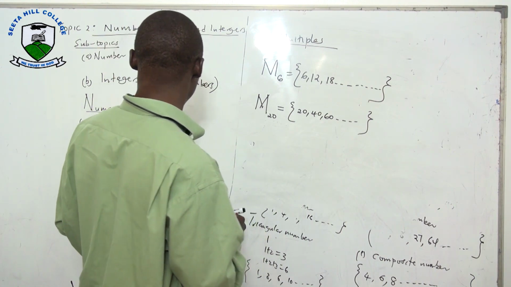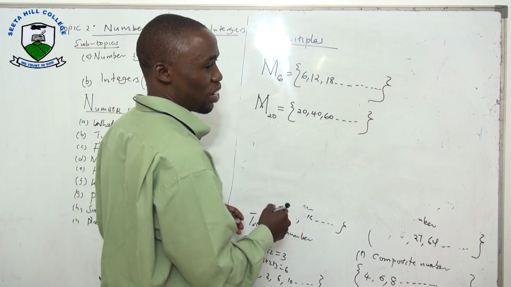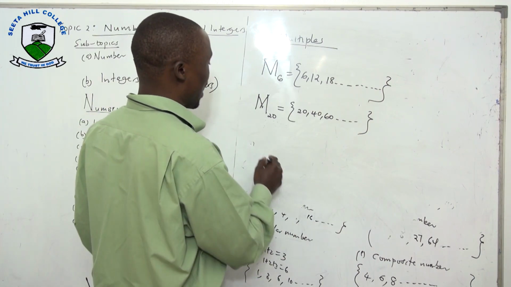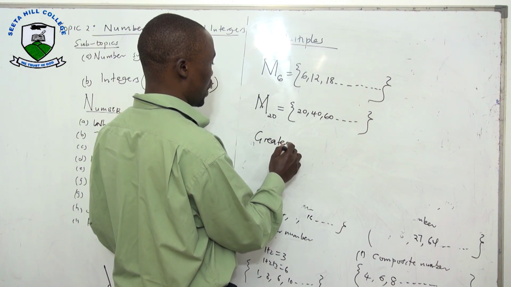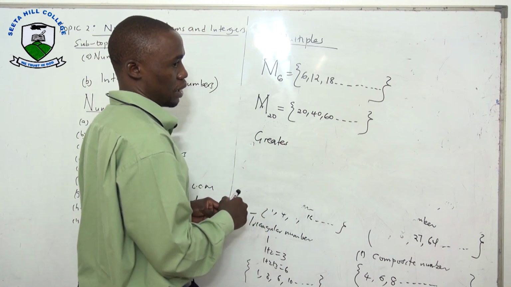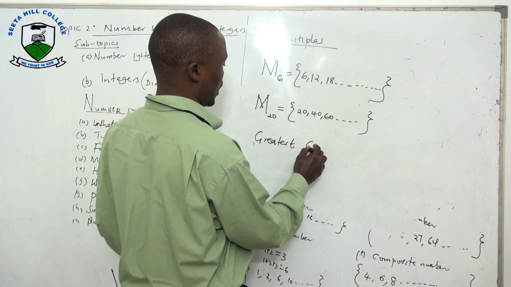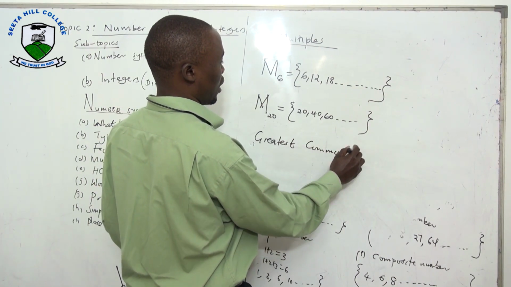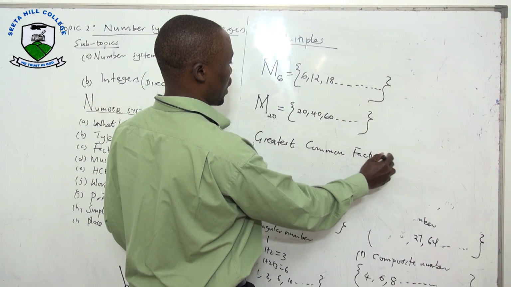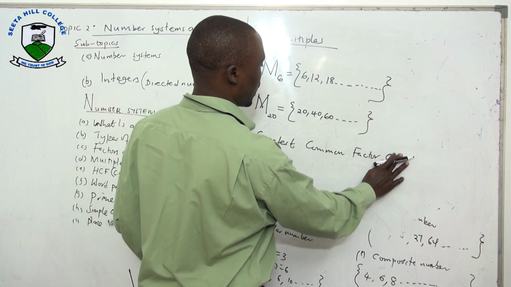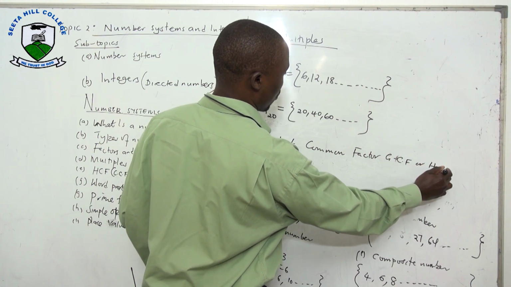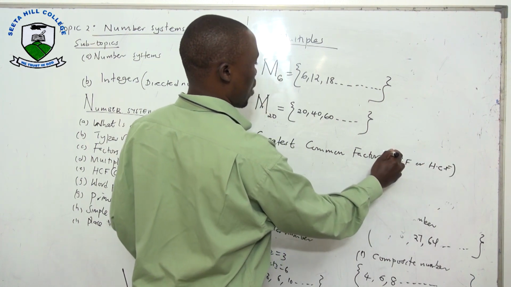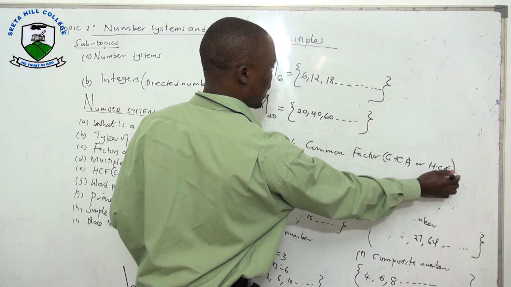Now, upon discussion of that, let us try to answer what we call the greatest common factor and how do we find it. Now you are the ones guiding me there. GCF or HCF, in other words. How do we get the HCF?